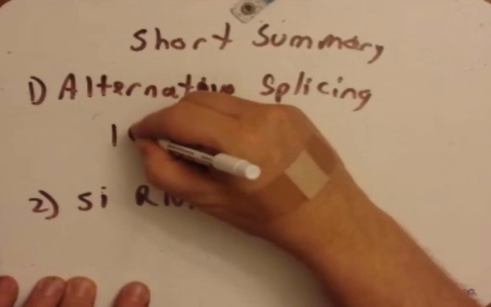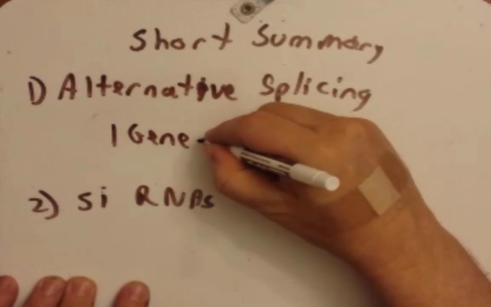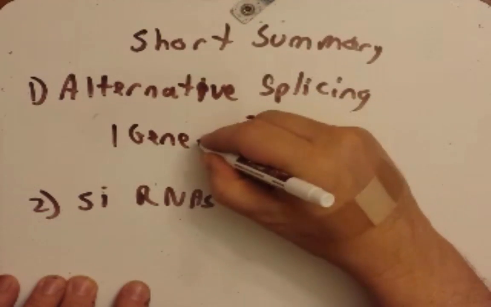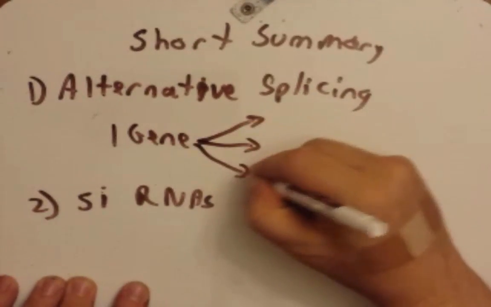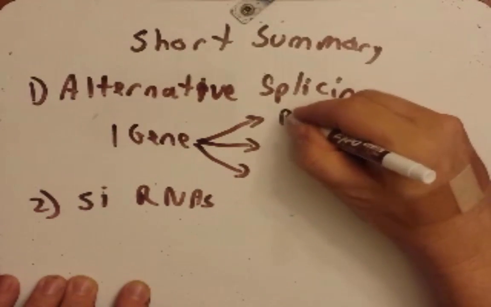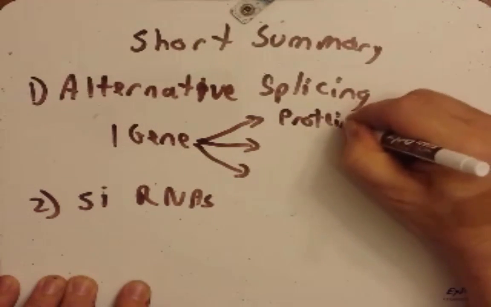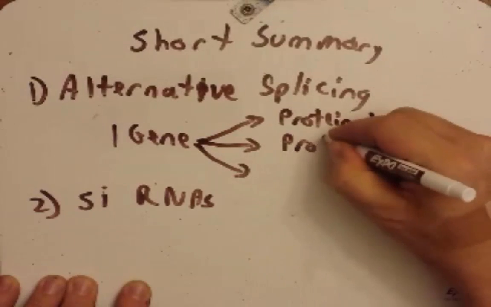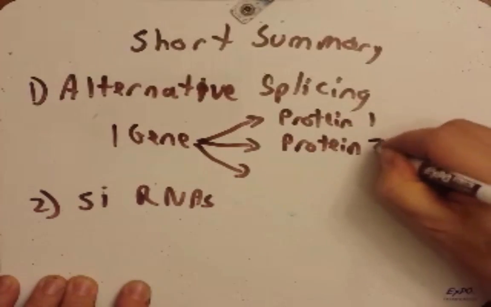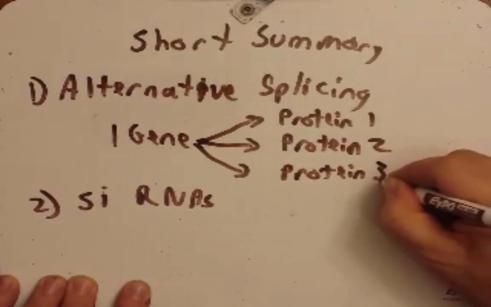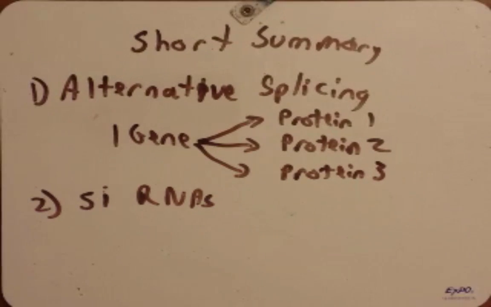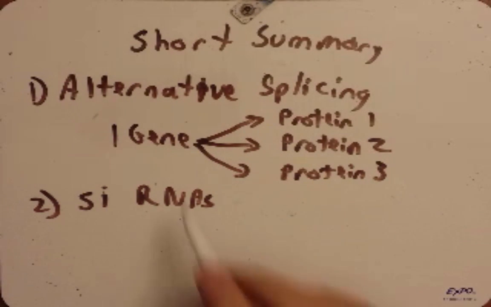So one gene, using alternative splicing, we can make different proteins. And how, evolutionarily speaking, this is more advantageous than making 3 genes to make 3 proteins.